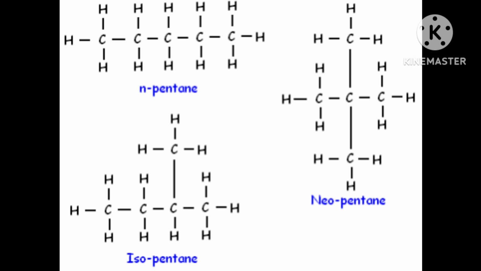Hence the nomenclature is very easy to do. After writing the structure, it is very easy, because at carbon number 2 and carbon number 4, 2 methyl groups are attached.